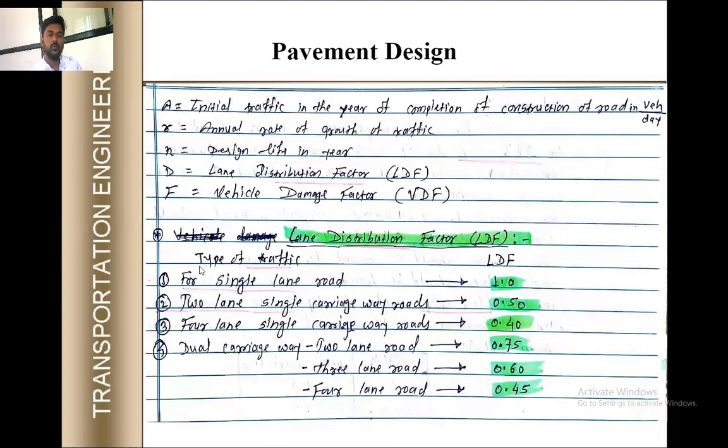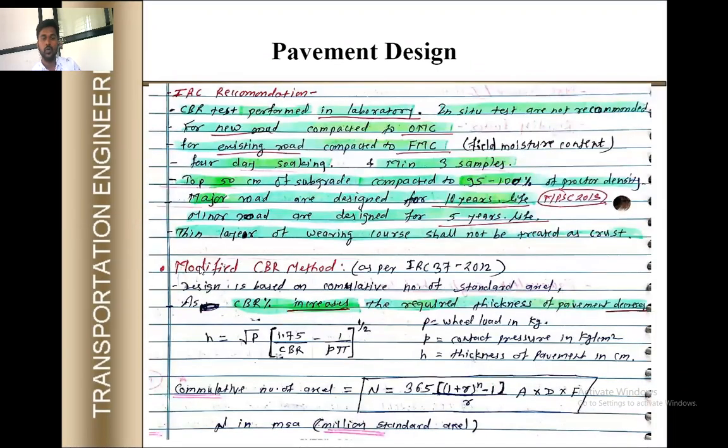H is equal to square root of P into bracket 1.75 divided by CBR minus 1 by small p into pi, whole bracket complete raised to 1 by 2.